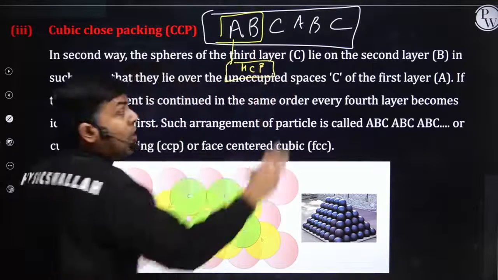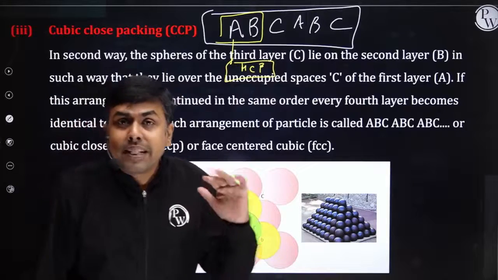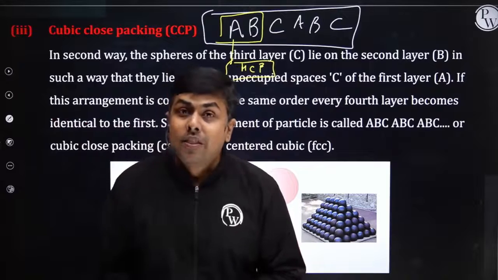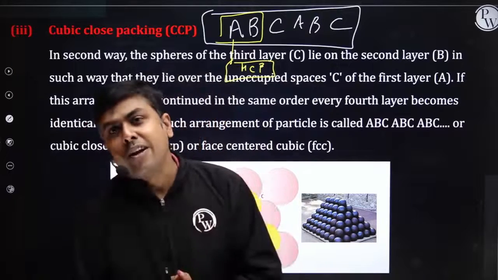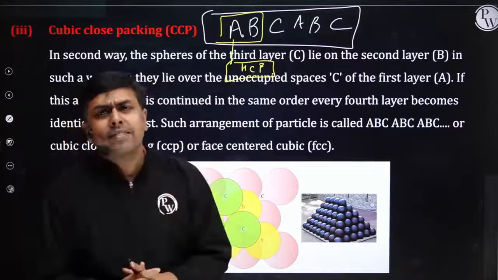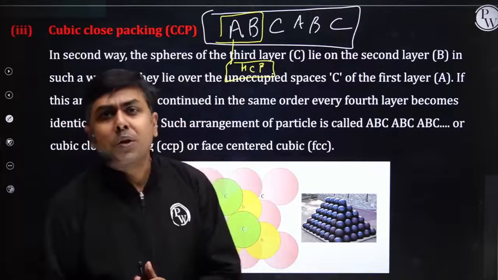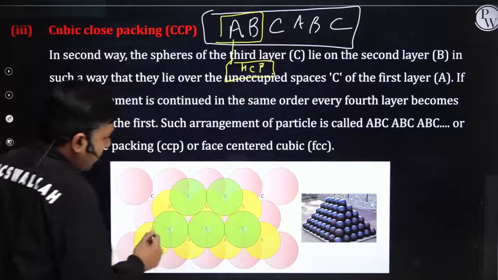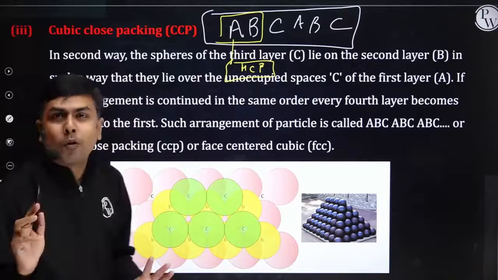Right? So we know how to arrange the layer B. Layer B is basically placed on the lower triangular void formed by layer A. Now as soon as I place the layer B, we see 2 types of void. One of the voids is the pink void and the other void is the C type of void, right?